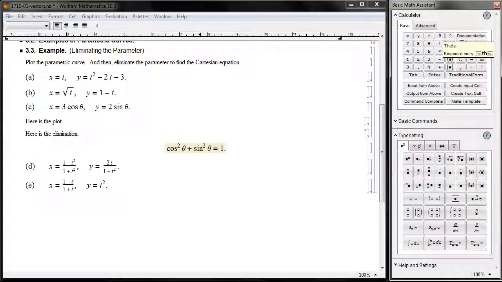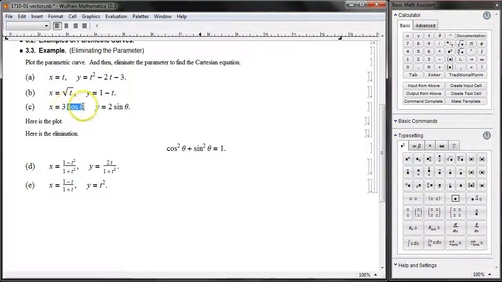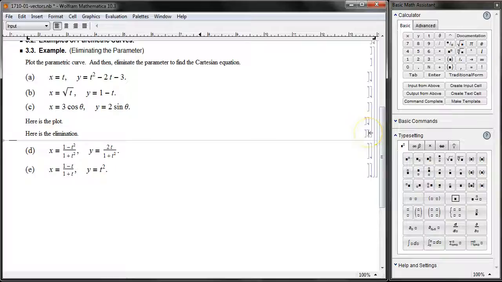Pythagorean identity. And how did anybody think of this? Well, there's cosine, there's sine, and you have to think about all kinds of trig identities. And this one really stands out because this one has both sine and cosine, and this is arguably the most important trig formula out there. So that's what we're going to exploit.